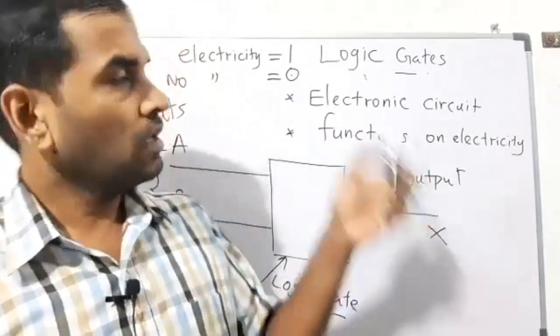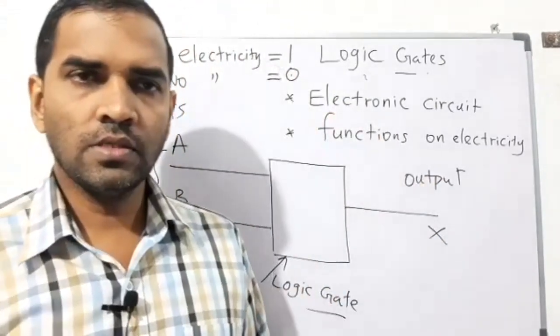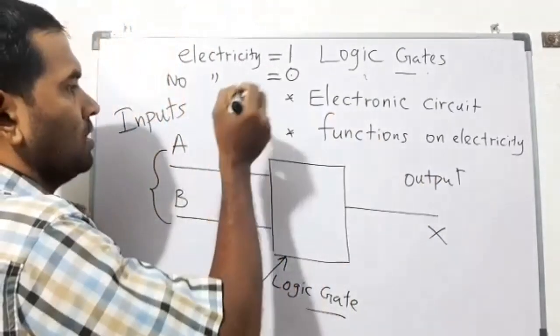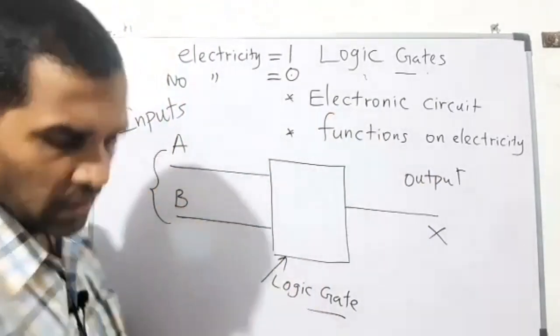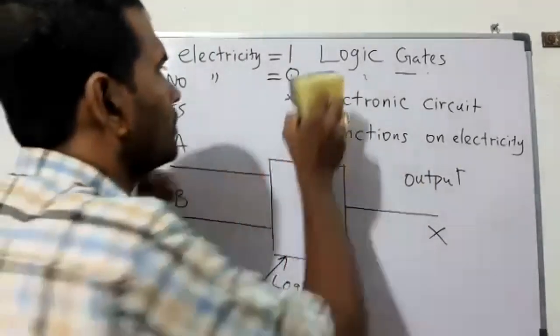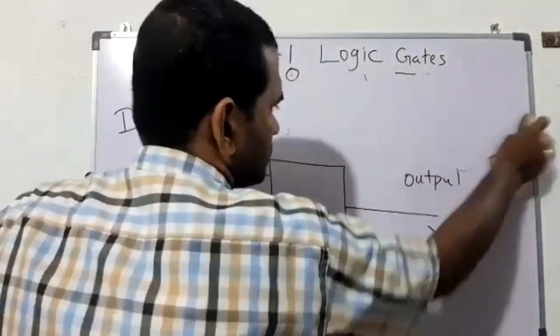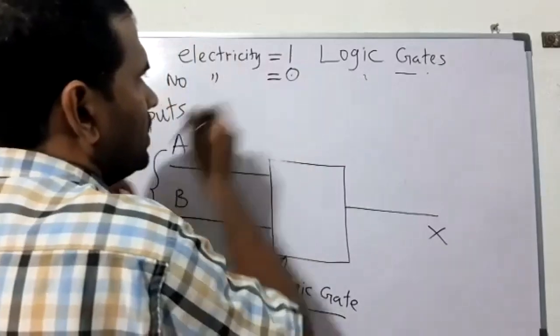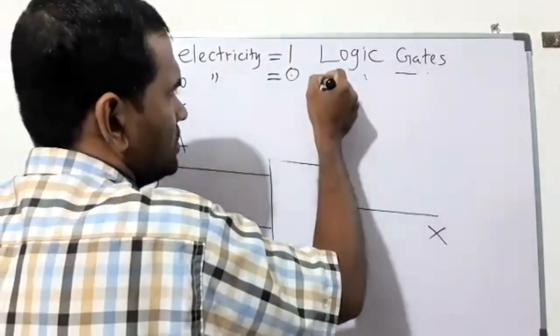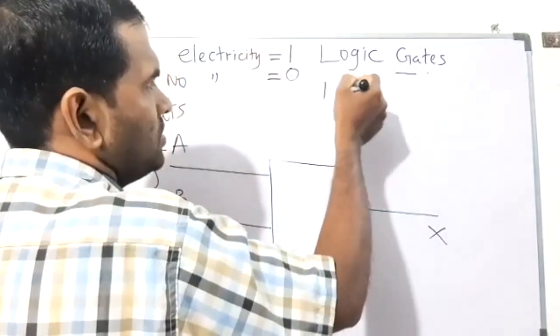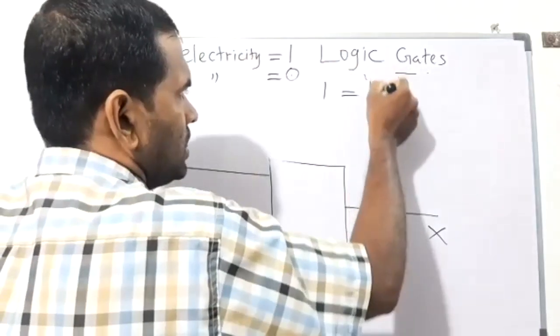Also one more thing, if a wire has electricity, sometimes it is called high. If a wire has electricity, that can be taken as 1, and at the same time, that can be taken as high.